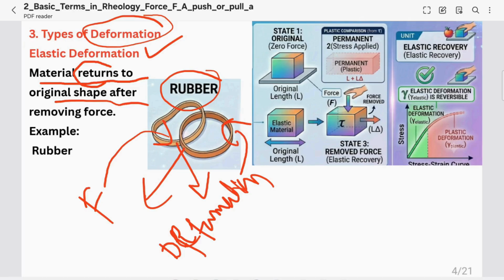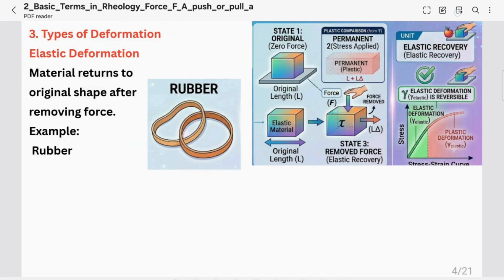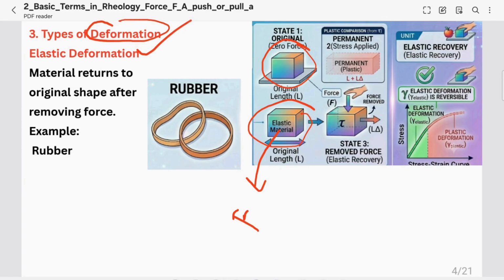Here in the diagram, there is no force and the material is present as it is, but when the force is applied, the material undergoes a reversible deformation, that is, change in shape and size. When we remove the force, the material returns to its original shape. This type of deformation is called elastic deformation. Which material shows this property? Rubber.